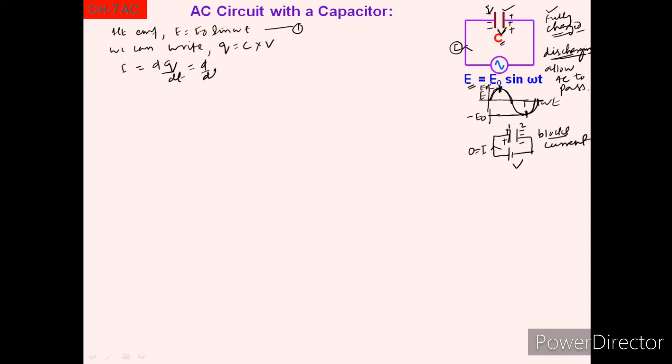So the derivative of Q, when you put C and the value of V, which is equal to our applied electromotive force, E naught sin omega t.